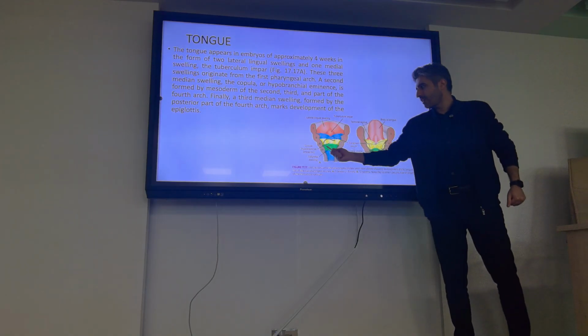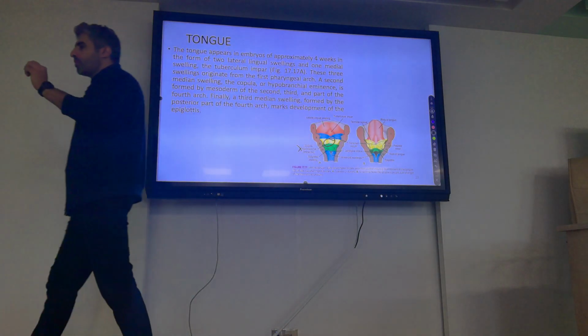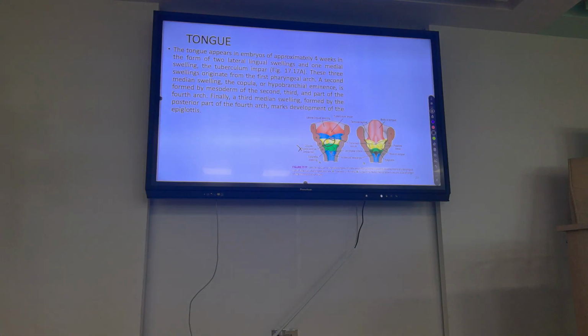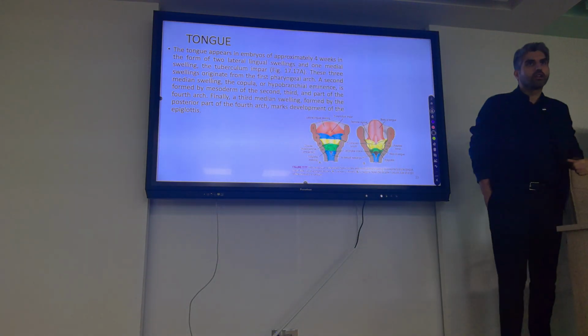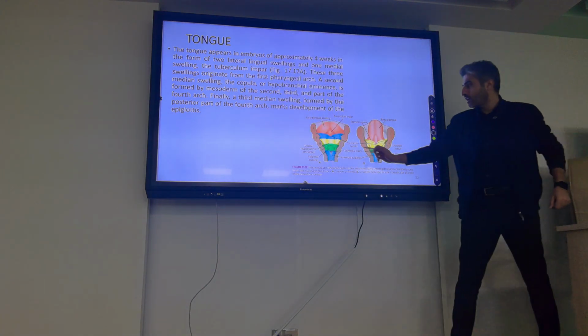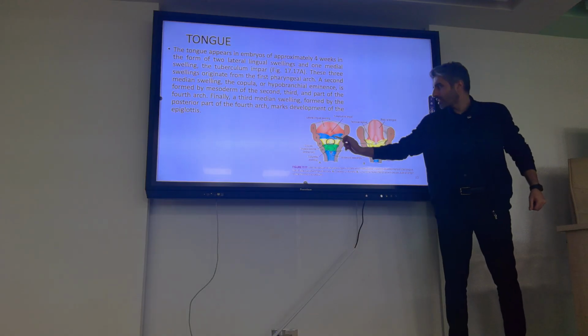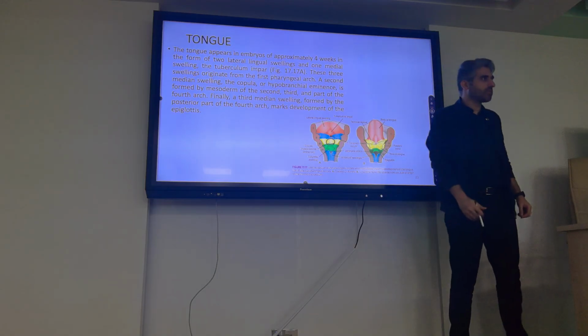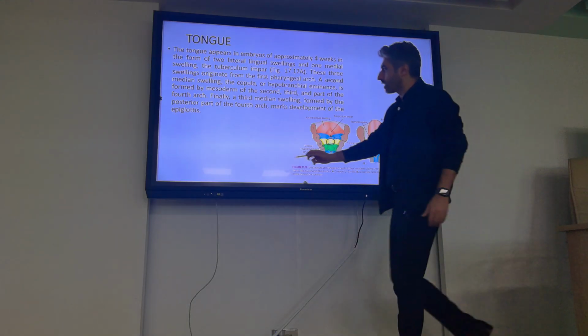And look at the third arch. It has the copula, like a tubercle from the third arch, and between the copula and the anterior arch you can see the foramen cecum. So the foramen cecum is here.